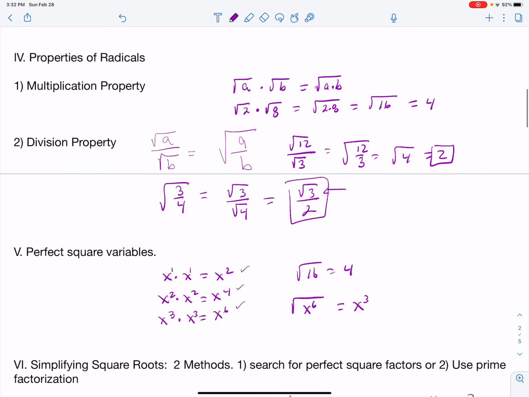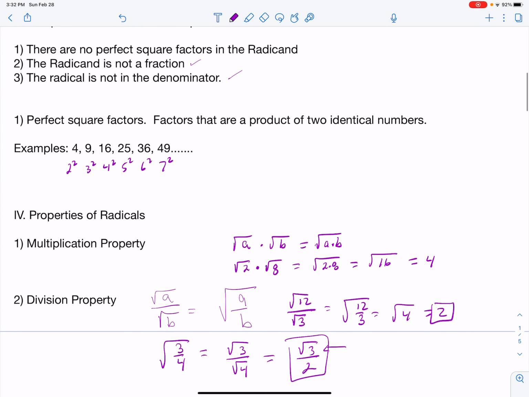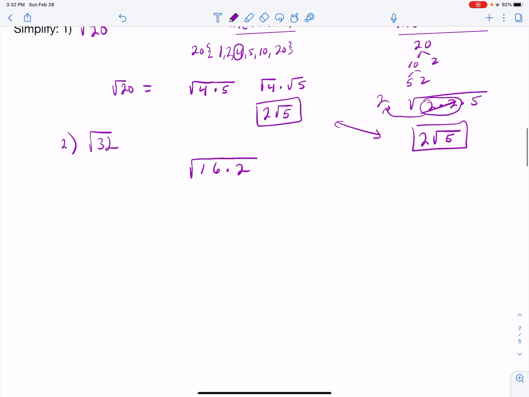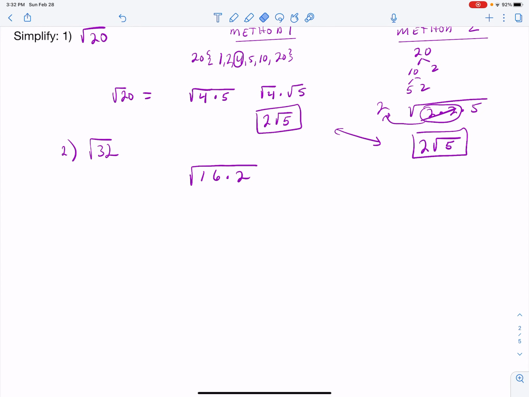So we're kind of using this property right here, but we're going backwards. And so I could break that up because 16 is a perfect square factor. That's why I factored it out. The square root of 16 times the square root of 2. And we know the square root of 16 is 4, so 4 times the square root of 2. And now that's considered simplified.